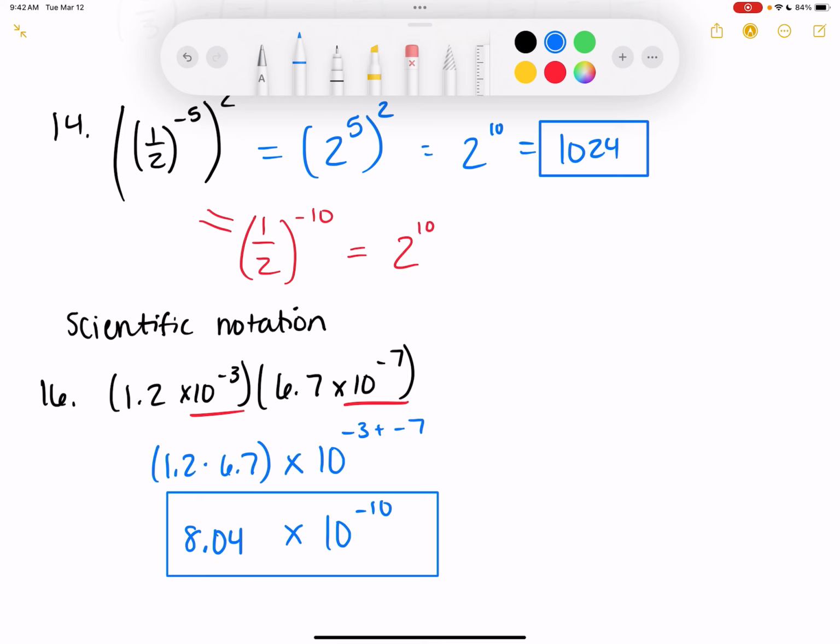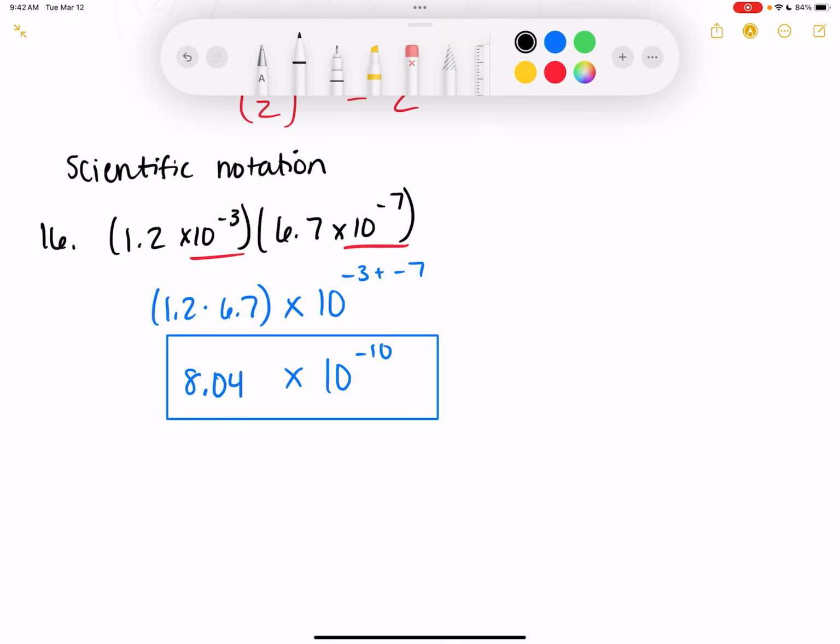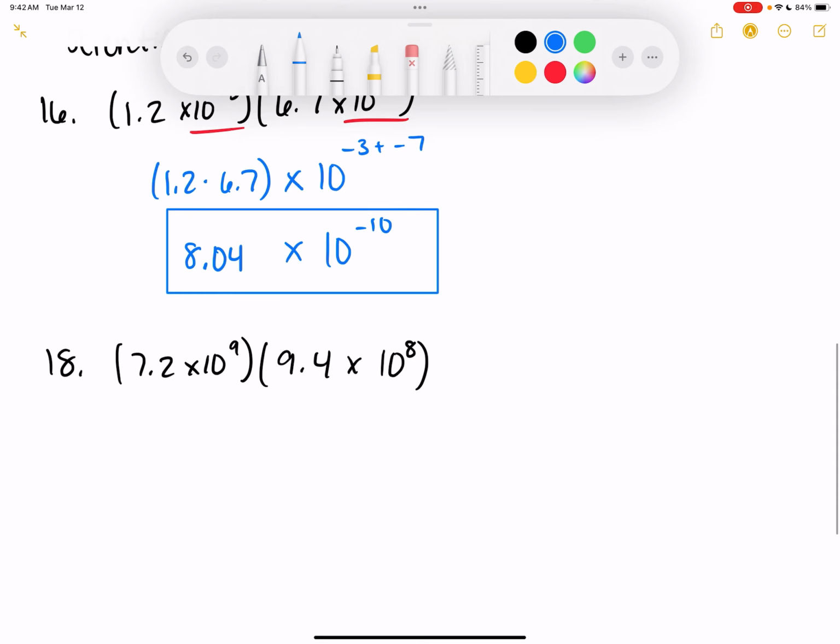Let's see, 18. I've got 7.2 times 10 to the 9 times 9.4 times 10 to the 8th. So I'm going to do 7.2 times 9.4 times, I've got powers of 10, so 10 to the 9 plus 8.